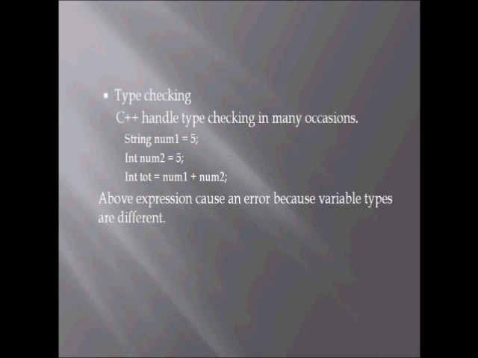And there is another variable declared as int num2 equals 5. The total is taken to another variable called tot. And here the expression causes an error because the variable types are different.